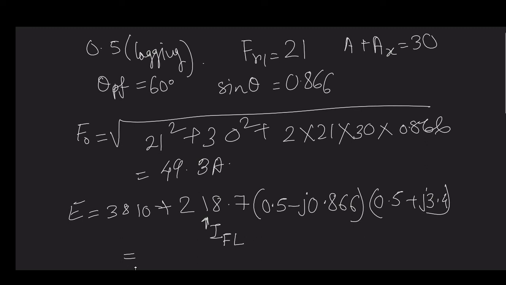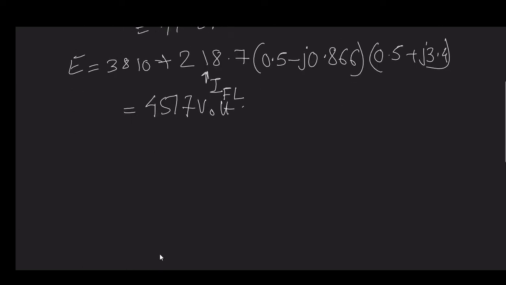E will be 4517 volt. So if it is 4517 volt, then that will be how much? Root 3 into 4517, that is 7824 volt.